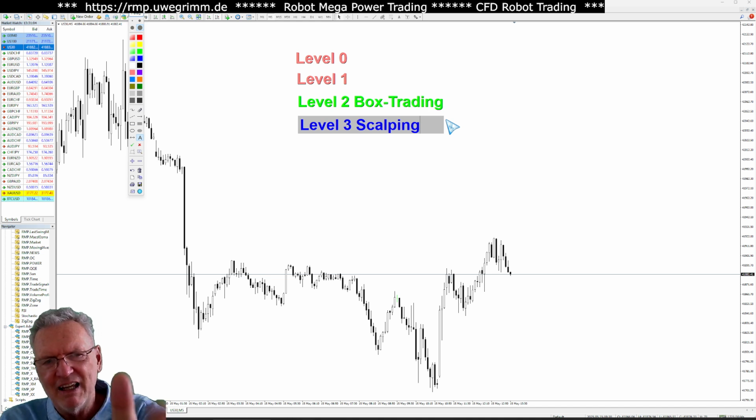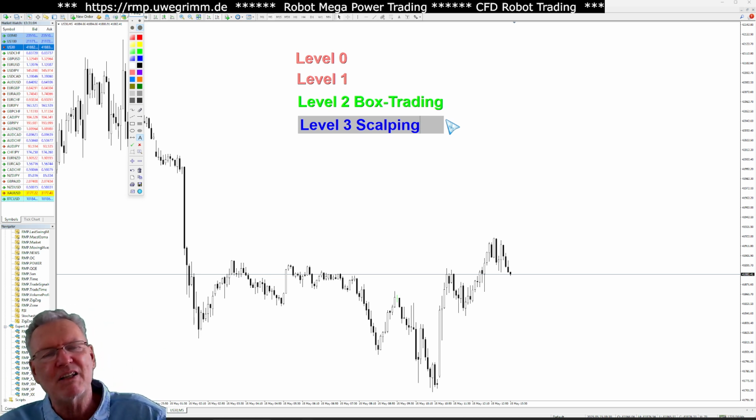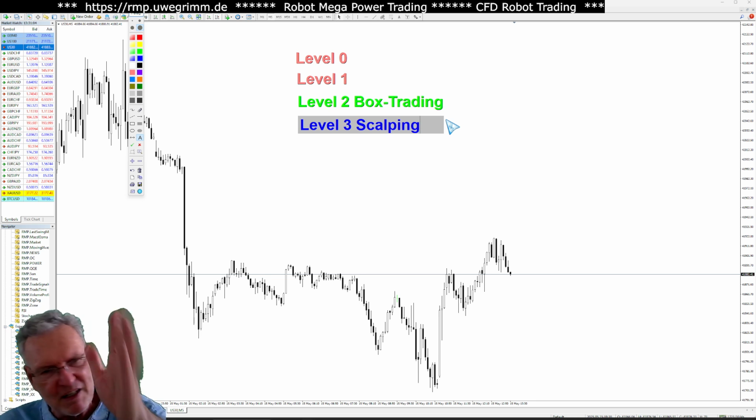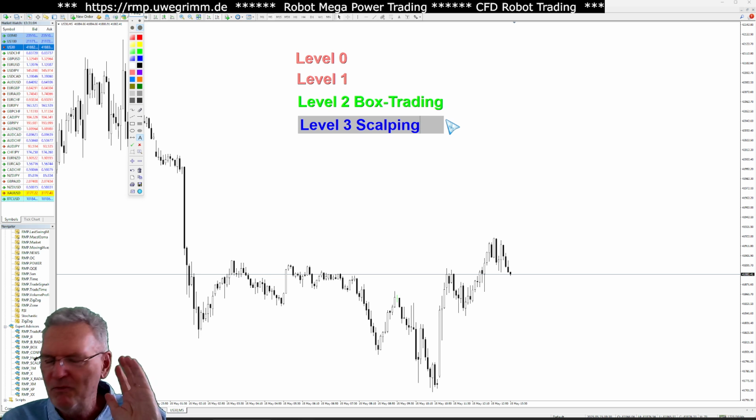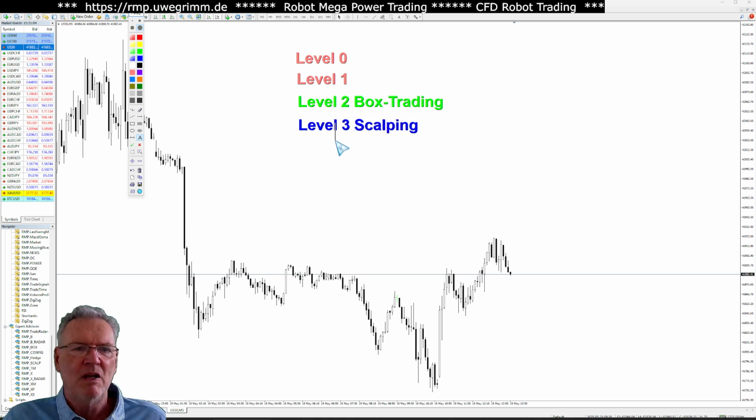In these other robots, wherever the market goes, you will win, when it's not always going up, down, up, down. So when it points into one direction, wherever it goes, you make a win. But in the scalping, not. In the scalping, this is a little bit more complicated in this sense. So level 3 is scalping, and then the higher levels.